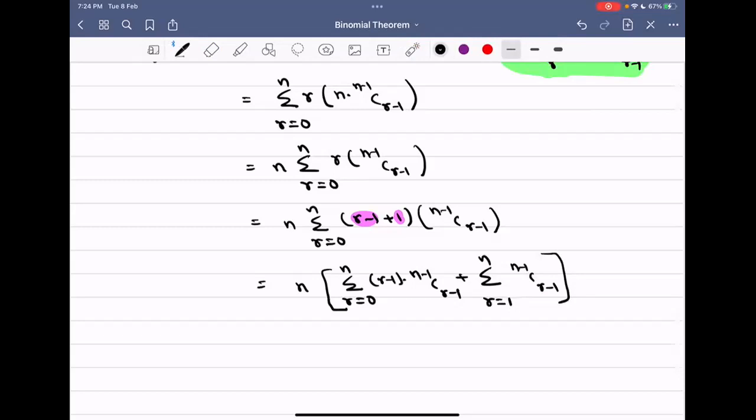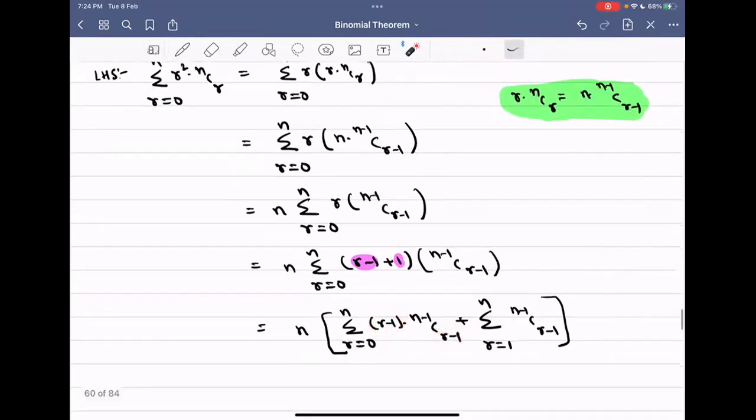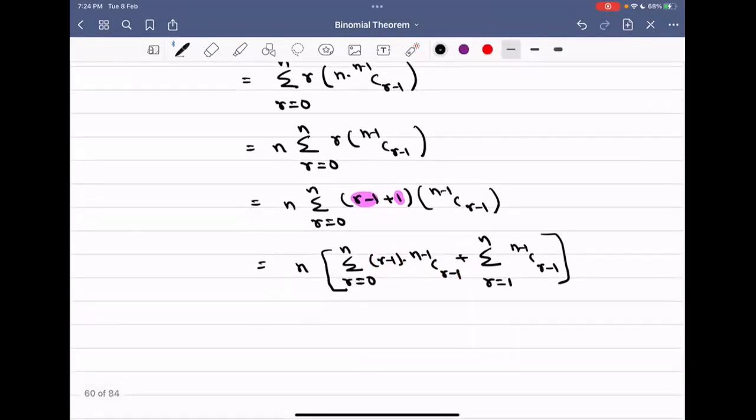Now you can use this result here. This result r into nCr is equal to n into n minus 1 C r minus 1, we can use because now r minus 1, r minus 1 are same. That's why this is equal to n into sigma r equals 0 to n of n minus 1 into n minus 2 C r minus 2, plus, so this is straightforward.